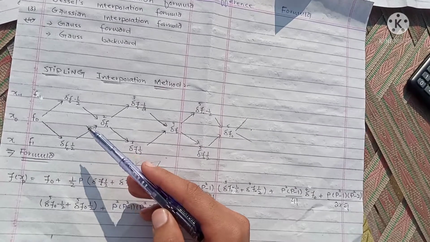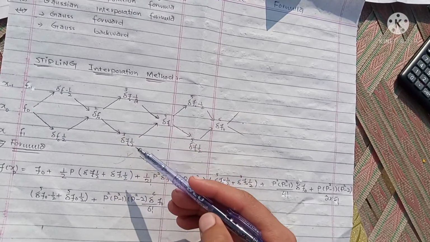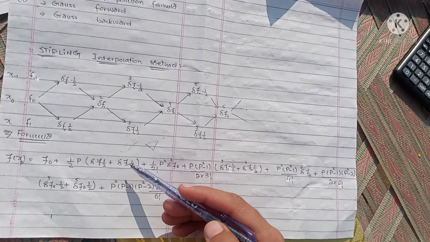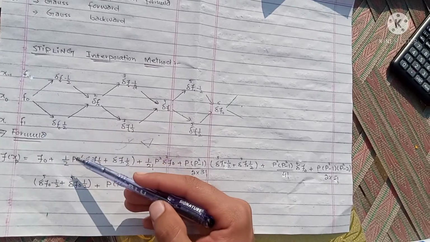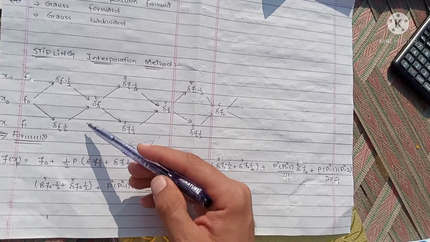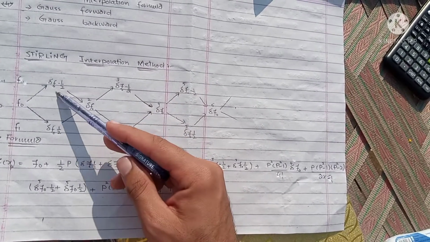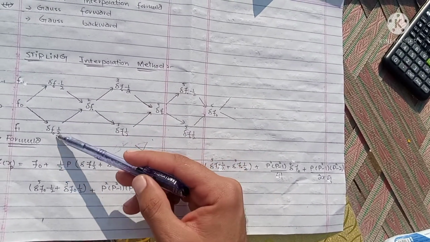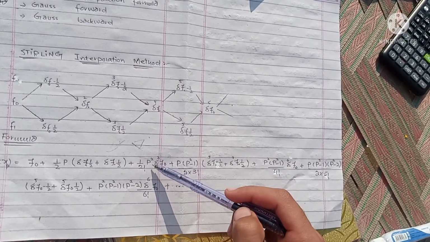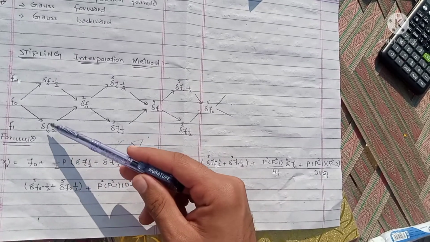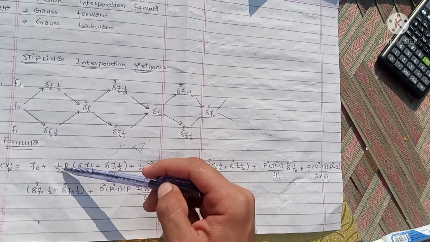Here is the derivation of the formula, how we can write it. It is like this: f naught plus p times 1/2 of the mean, and so on. We divide into two equal parts and write 1/2.